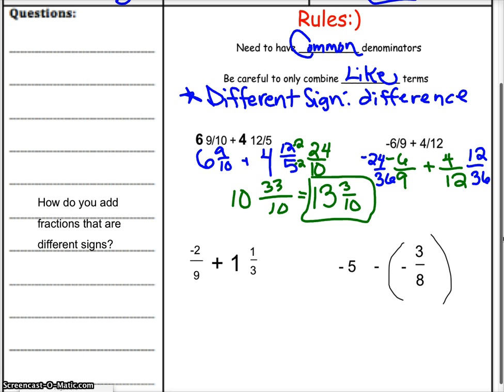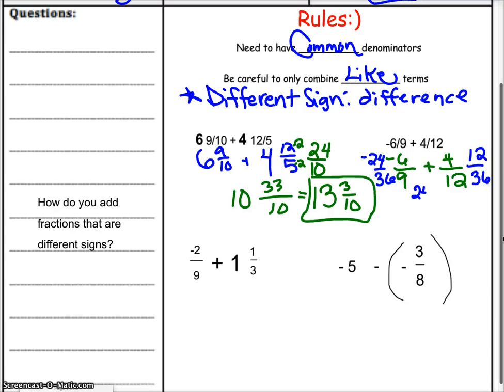Now they're different signs. So since they're different signs, I need to take their difference. So I need to know which fraction is bigger. Is 6 ninths bigger or 4 twelfths bigger? 6 ninths is bigger, right? So I'm going to go the 6 ninths, which is the negative 24 over 36.